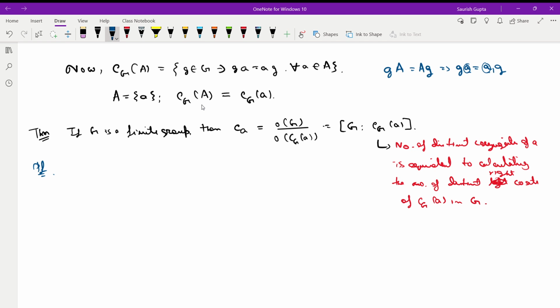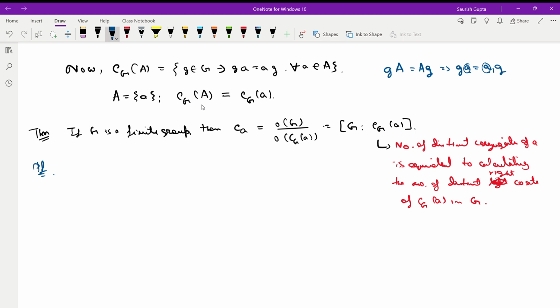Then if I consider two elements from distinct cosets of the centralizer of A in G, I'll show that the conjugates of A with respect to these two elements are different. That will essentially give the required one-one correspondence between the number of distinct cosets of the centralizer of A in G and the number of distinct conjugates of it.